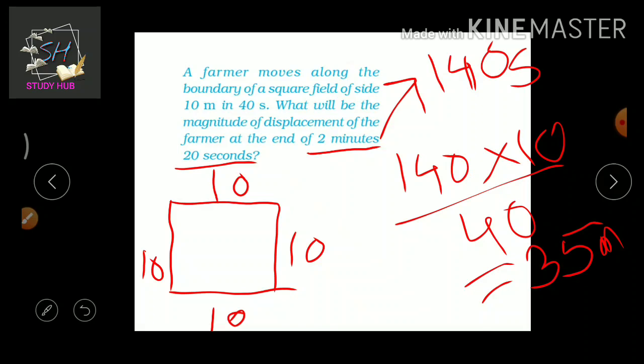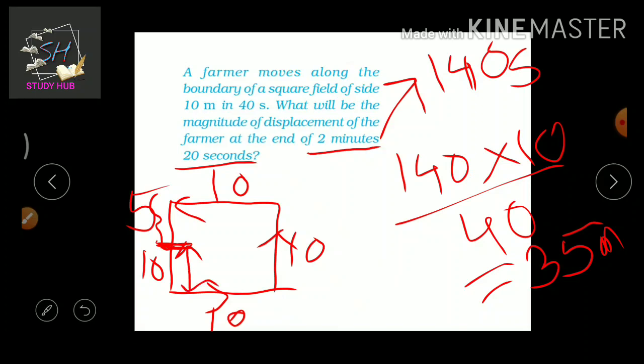So to go a distance of 35 meter, at first we are moving in that direction. So here 10, here is also 10, 20, here is also 10, 30, and there is a 5. This will be 35 meter. But to go to this position, we can take a direct path, which is in the north direction.